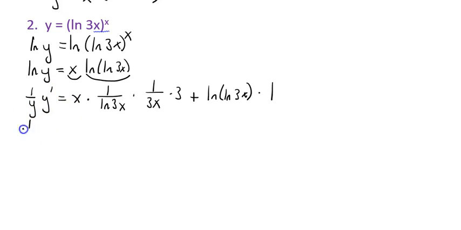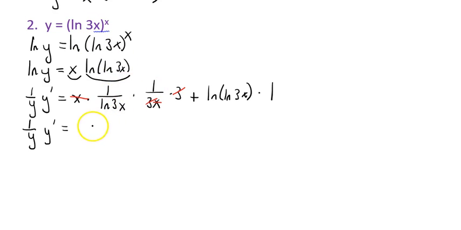And then again, I'm going to simplify before I try to multiply by that y. This whole first piece of that product rule is multiplied together, so I can cancel anything diagonally that's possible. So I can cancel the x that's here with the x that's down here, and I can cancel this 3 with this 3.